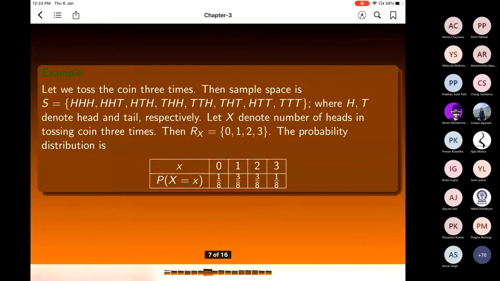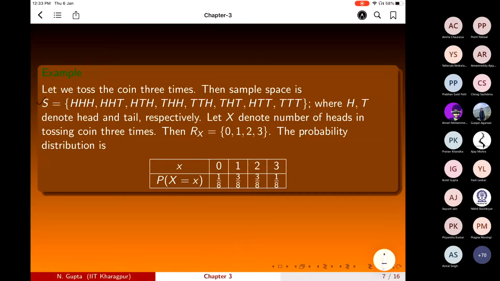So for example, if we toss the coin 3 times, we will get the sample space omega as this: HHH, HHT, HTH, THH, and so on, where H and T denote head and tail, and X denotes the number of heads on tossing the coin 3 times. So the range space is 0, 1, 2, 3.